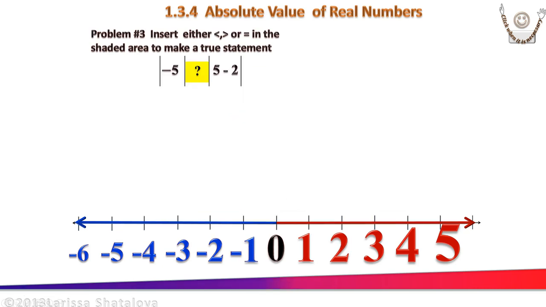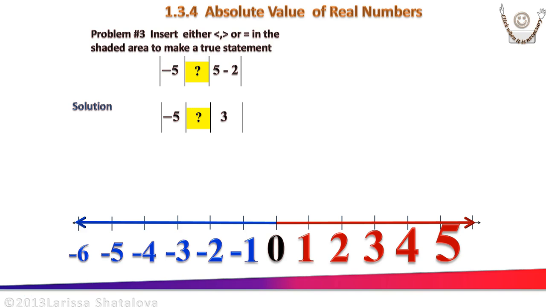In problem number 3, we have a request to compare absolute value of negative 5 and absolute value of 5 minus 2. The second absolute value bars have 5 minus 2. So it's a good idea to simplify into 3.